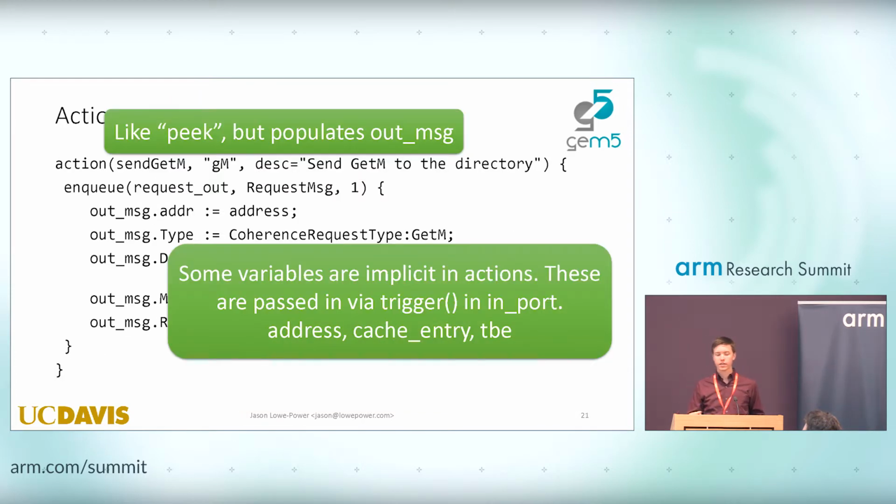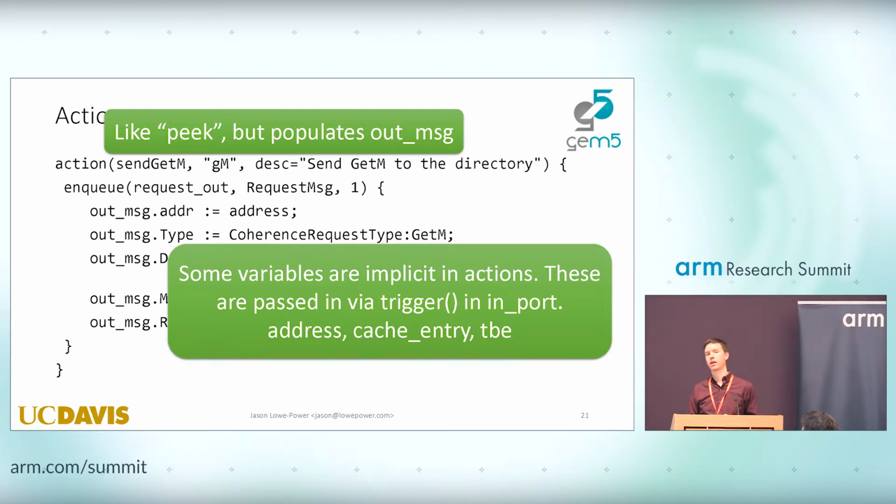So in your triggering transitions, you're going to be executing actions. So inside this action, you have 3 magic variables again. You have the address, the cache entry, and the TBE. So whatever data you pass into that trigger function just automatically appears when you're executing the action. So all the actions that are executed after that trigger have the same address, cache entry, and TBE.